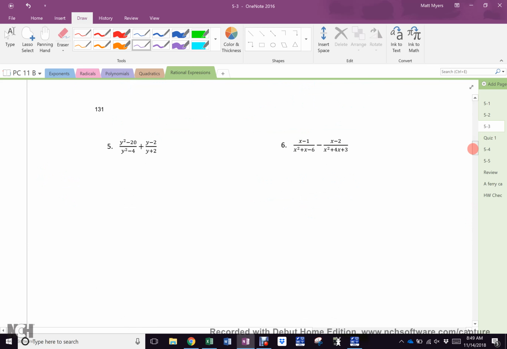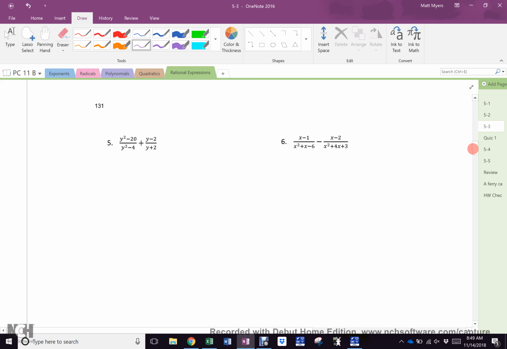It's a little harder. What are you going to do with 5? What don't you like? What bothers you? Same first step that we've made all along. What should I do? Make the denominator the same?